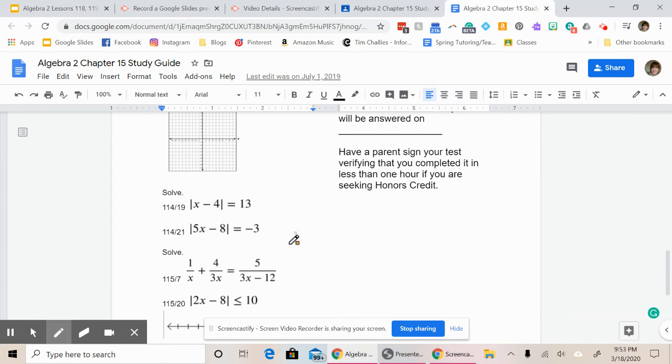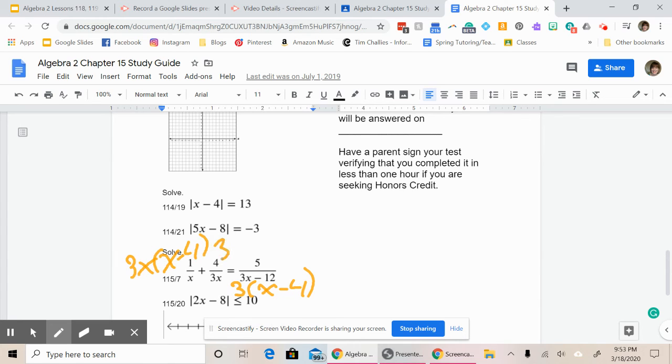On this next one, I'll give you a tip to get you started. If you were to factor right here, it would be 3 times x minus 4, which means you need to multiply everything by 3x times x minus 4.